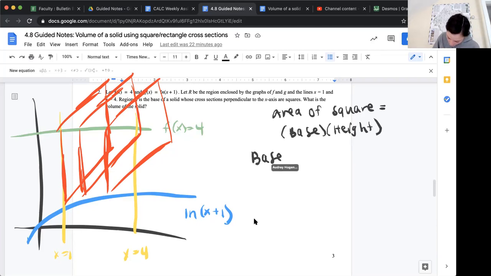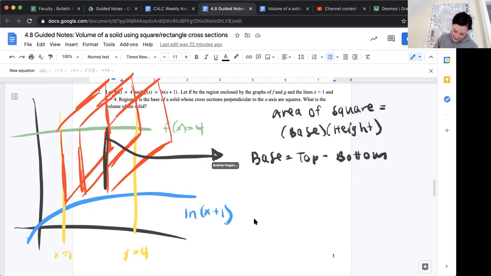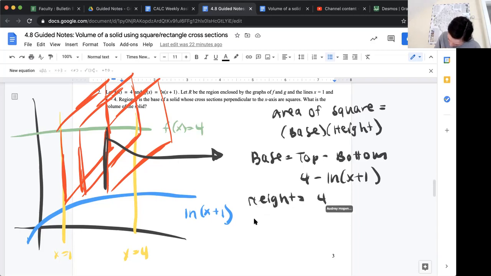Base equals top minus bottom. So as we can see, here's a base of one of our squares. And top minus bottom is going to be 4 minus ln of x plus 1. Okay, and then the height is also going to be the same thing. So height equals 4 minus ln of x plus 1 as well.